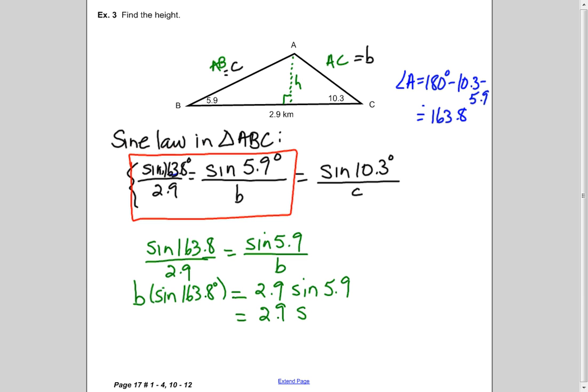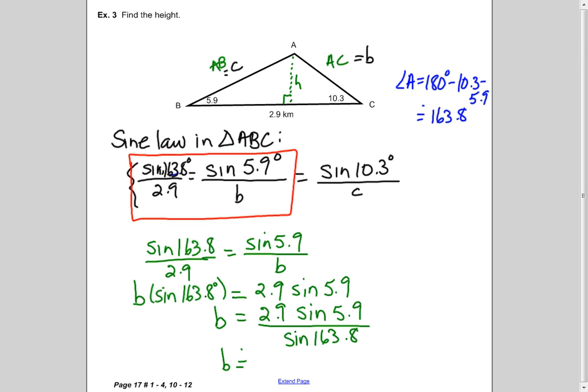We're going to divide both sides by sine of 163.8. Have in mind what a reasonable answer for B would be. If the very large angle is across from a side of 2.9, what would a reasonable length for our side B be? All right, let's type.